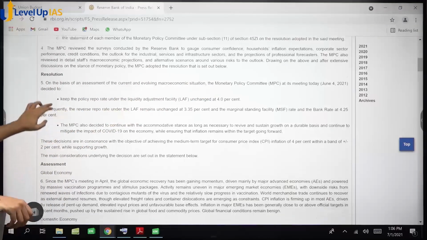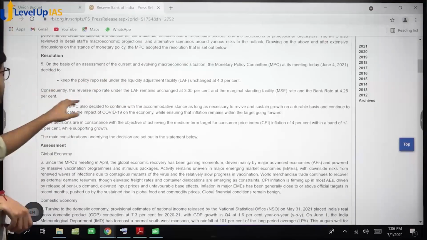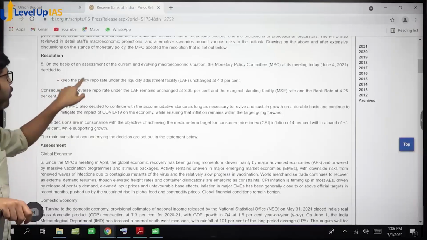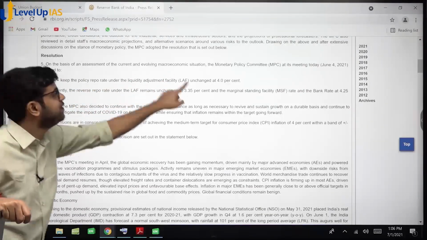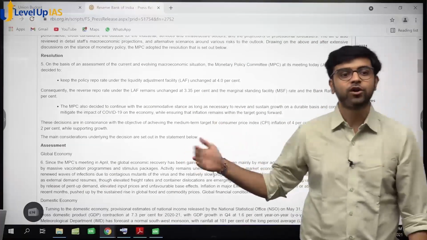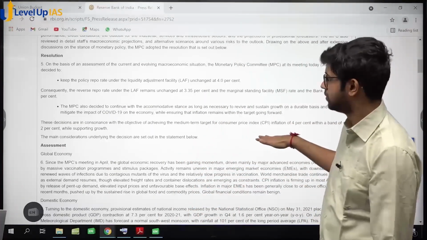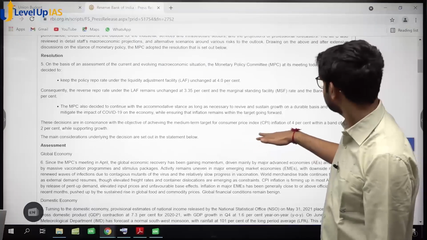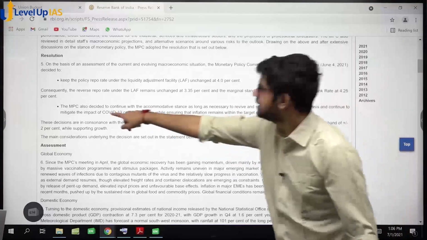What is the resolution? On the basis of assessment, etc. Keep the policy repo rate under LAF unchanged at 4%. Simple. So what are they showing? Accommodative or neutral stance? They are showing an unchanged stance. Okay? Done? See this.